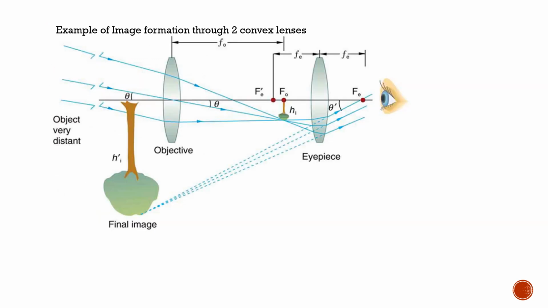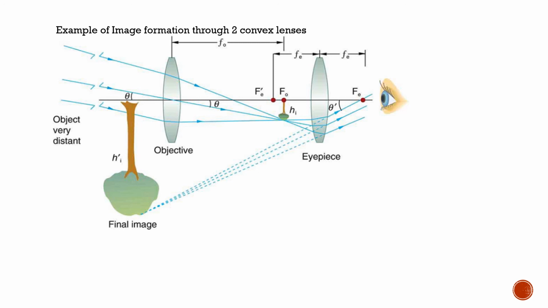In the previous 5 examples, we showed you how you can get the image location using 2 or more principal rays. Now you should be able to get the image location of any object which is placed on the principal axis. And in this example, we show you how you can get the image location of an object by using 2 convex lenses.